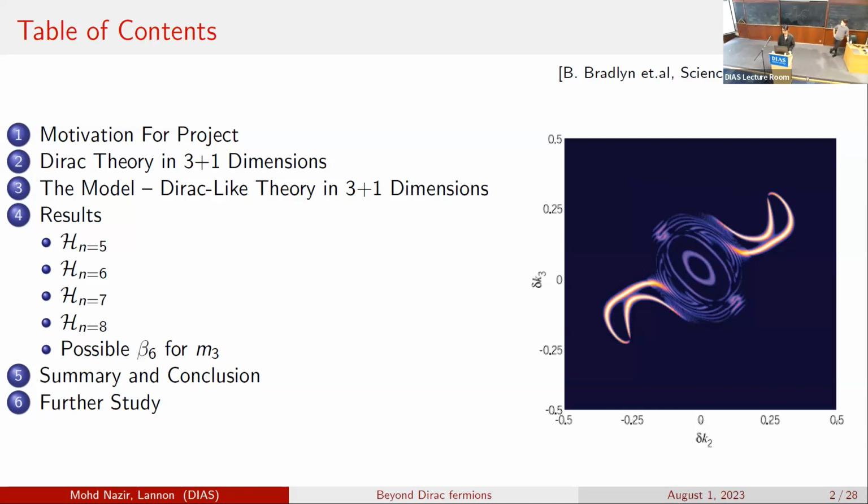Then we will move on to our actual model, the Dirac-like model in 3+1 dimensions. And then we'll swiftly move on to the results, which takes up a significant portion of our presentation. We have multiple results for different cases. And then we'll go on to summary and conclusion. And then to finalize everything, we have to undergo investigation into further study based on what we discovered during our investigation.